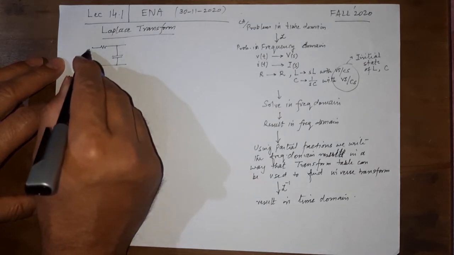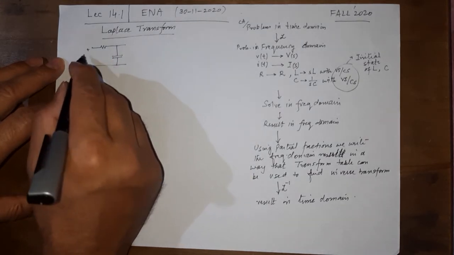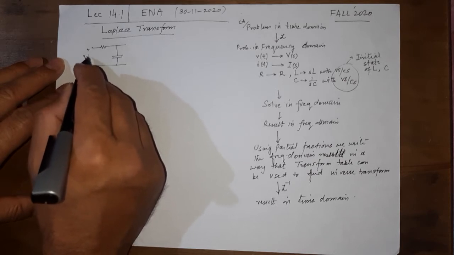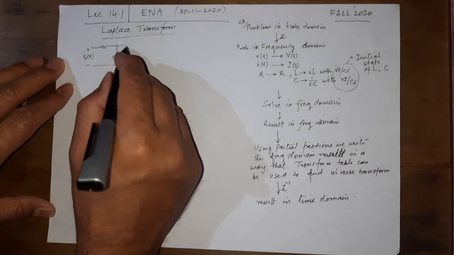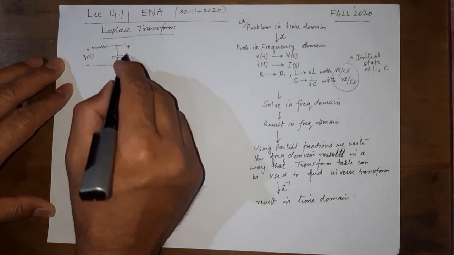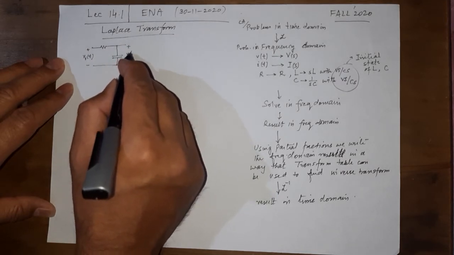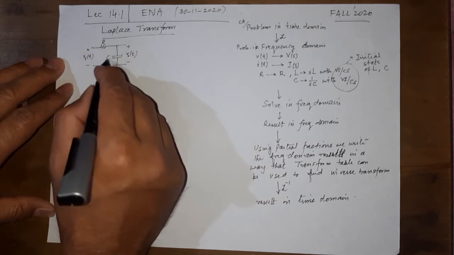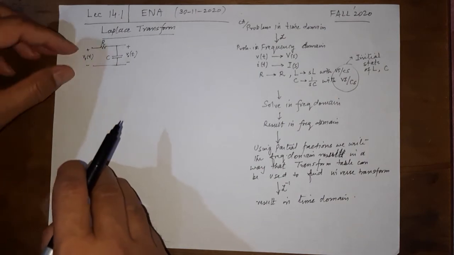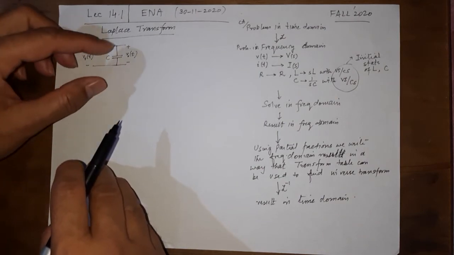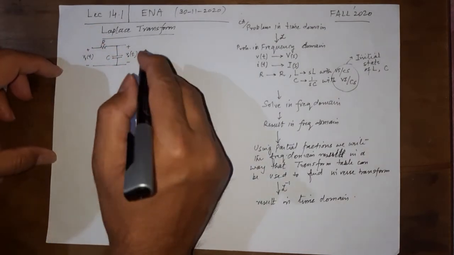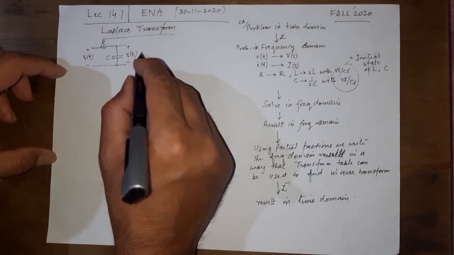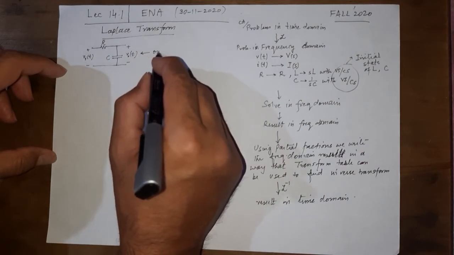So this side is an input side, and we say some input voltage is connected here, and across the capacitor is what we are interested to find the output. So given this RC network, if we apply vi(t) here, and vo(t) is the parameter that we are interested in.